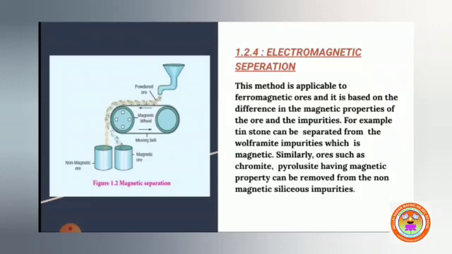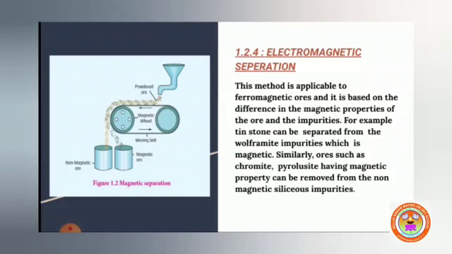The electromagnetic separator consists of a belt moving over two rollers, of which one is magnetic in nature. The first wheel is magnetic and the second one is non-magnetic.